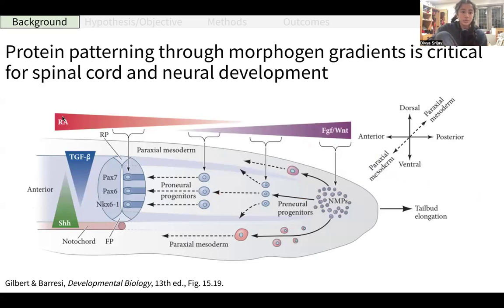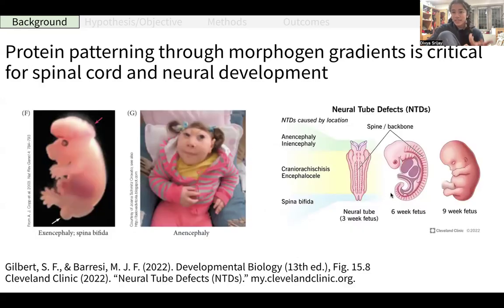Here you would have a single cell that is very high in RA, very low in FGF and Wnt, and very high in TGF beta, versus a cell a little bit to the right, which has slightly less RA, slightly higher FGF and Wnt, and so on. So at this point, we don't have a very good idea of the proteomic landscape of the neural tube.